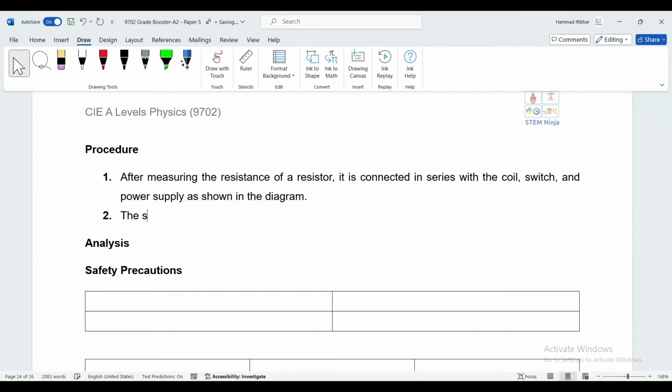The switch is turned on and the oscilloscope is set to record the signal.